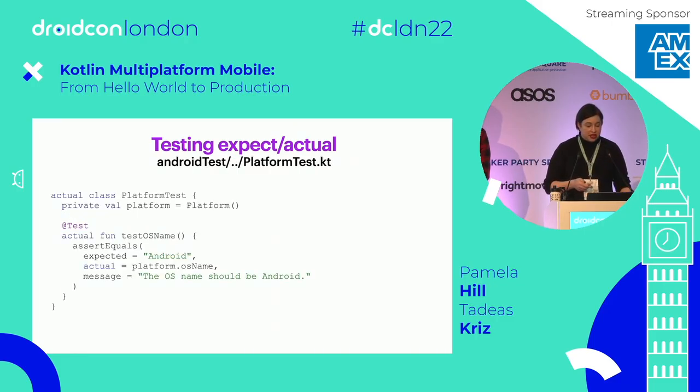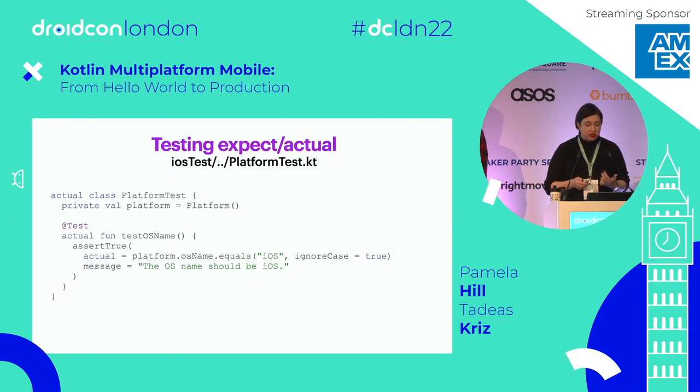So, for example, on Android, we would have our actualized class, actual PlatformTest, and then we're annotating a test that's an actual test, and we're just checking if the platform.osName is equal to Android. Similarly on iOS, we're checking that it is iOS, ignoring the case.